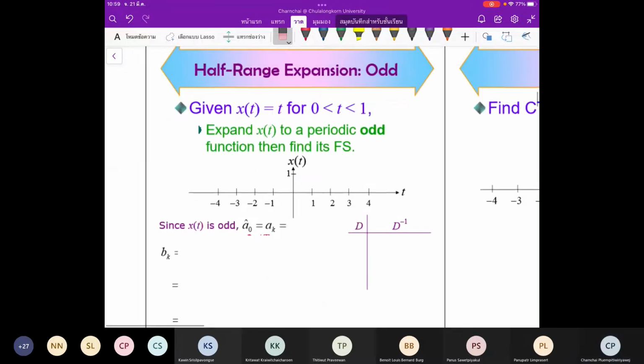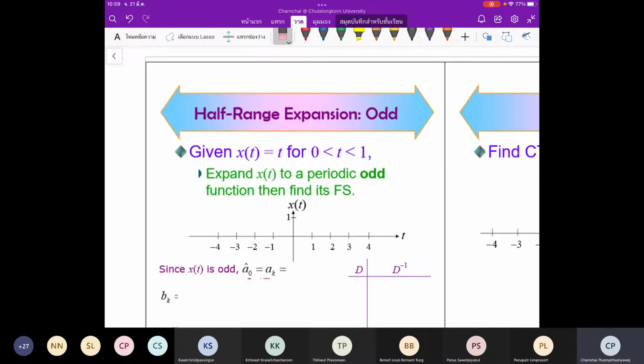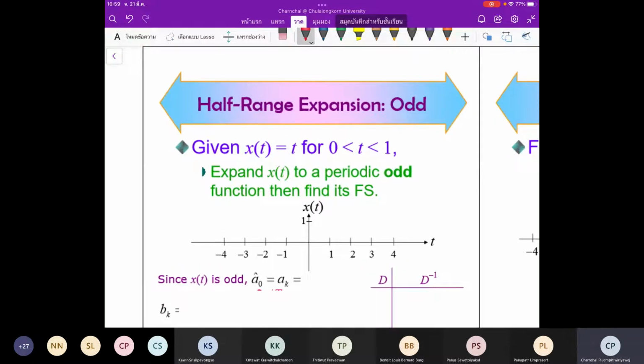Now suppose we have x of t again, x of t equal to t for t between 0 and 1. But this time you are supposed to expand it to be a periodic odd function. First you want to expand it to be an odd function. To expand it to be an odd function, this is what we have. And then you make it periodic. This is one period, and you make it periodic, we get this.